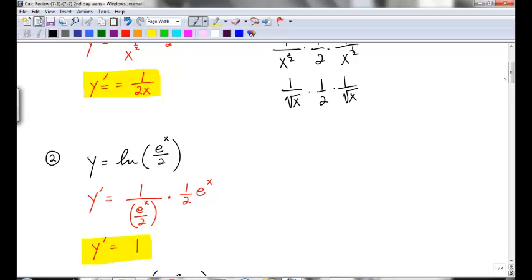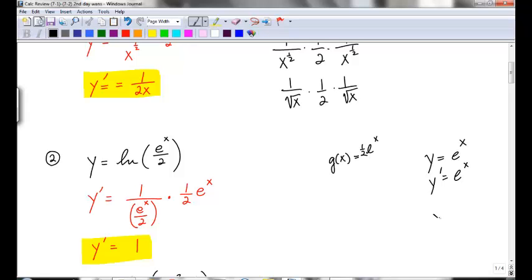Then you have to take the derivative. Basically, it'd be like saying g of x equals e to the x over 2, or you could write it 1/2 e to the x. The 1/2 stays the same. What's the derivative of e to the x? E to the x.